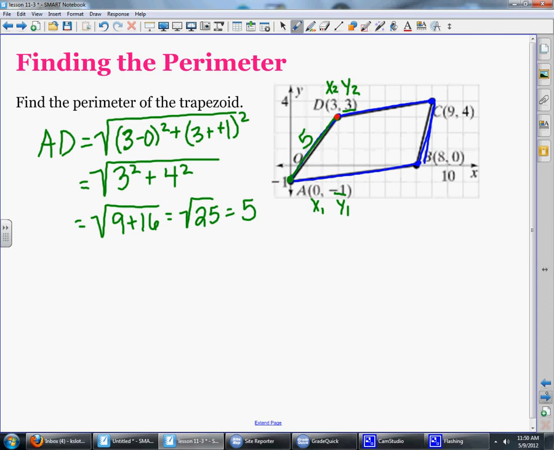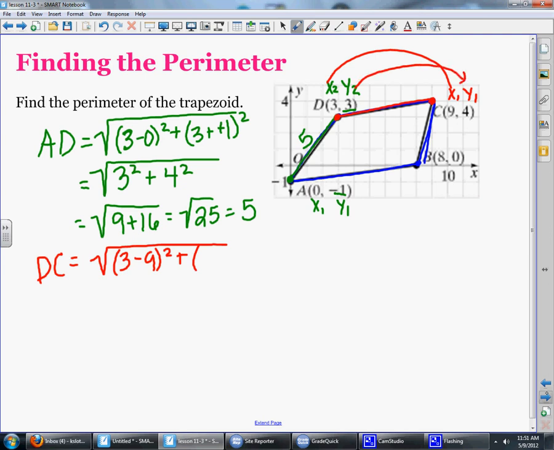Now let's find the distance from D to C. So I'm going to label this DC, the distance. The square root of, I'm going to call this x1, y1. So we'll subtract 3 minus 9 and square it, plus 3 minus 4, and we'll square that.